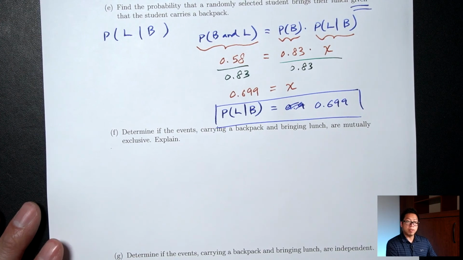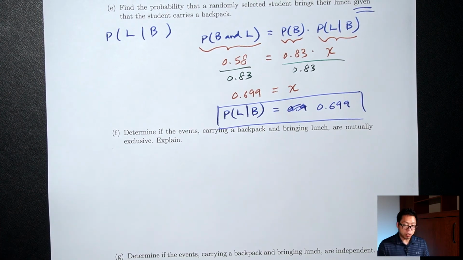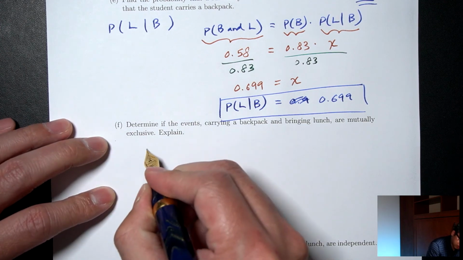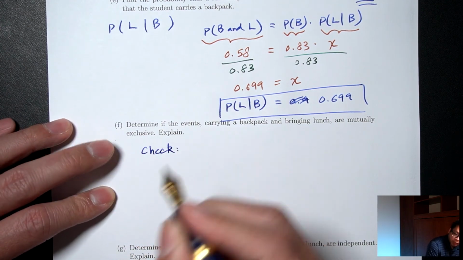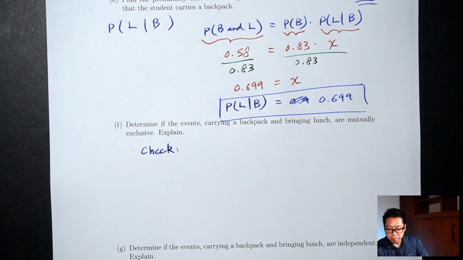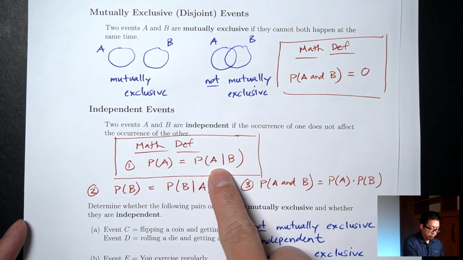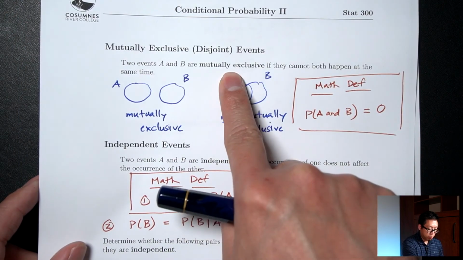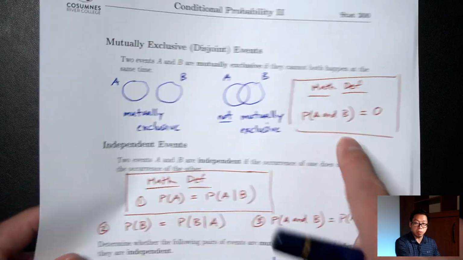F. Determine if the events carrying a backpack and bringing a lunch are mutually exclusive. Anytime I'm talking about mutually exclusive or independent, I'm asking you to check one of the equations on the front page. So which one are we checking? We're asking about mutually exclusive, which would be this one: probability of A and B equals 0.